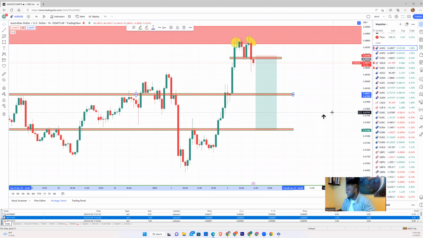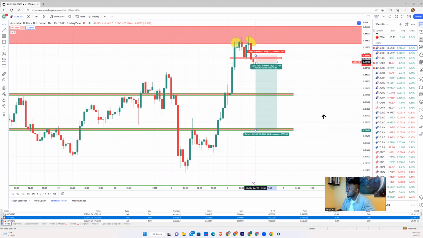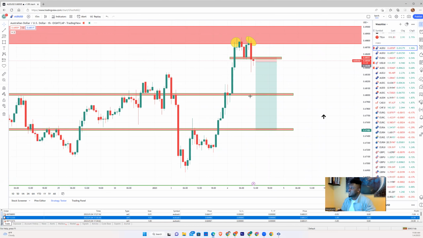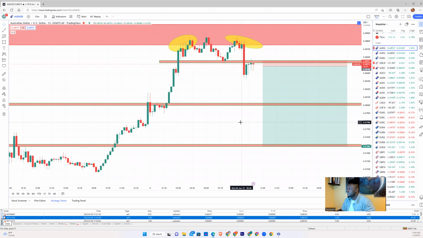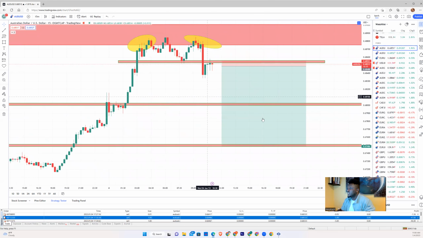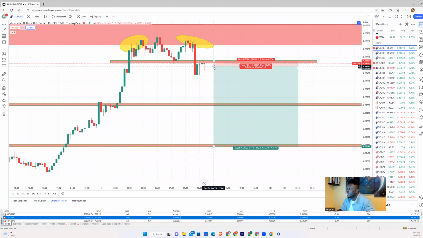Market has not moved yet, so pretty much my entry is somewhere there, and we are going to go and check, like, let's look at the 15 minutes just to make sure that we finesse our take profit and also our stop loss area.